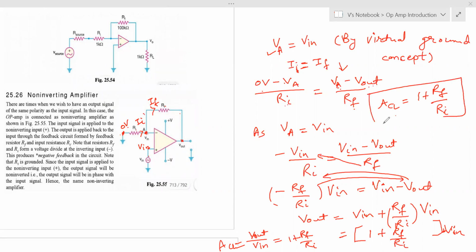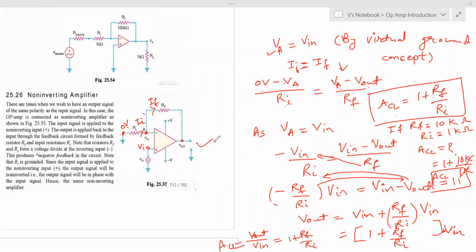For example, if Rf equals 10k and Ri equals 1k ohm, what will be ACL? Yes, substitute here, 1 plus 10k upon 1k, the k will be cancelled. So 1 plus 10, that is 11. So ACL will be 11.